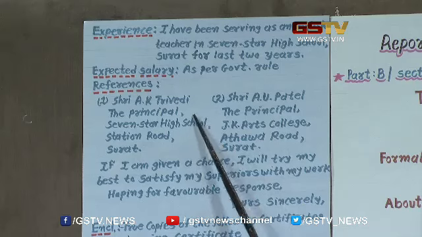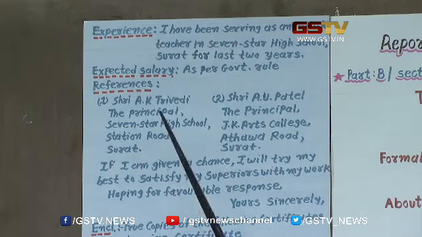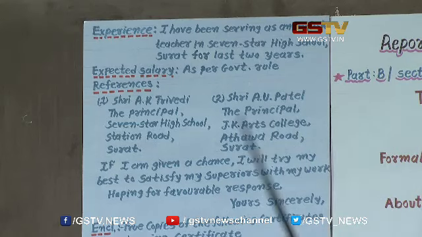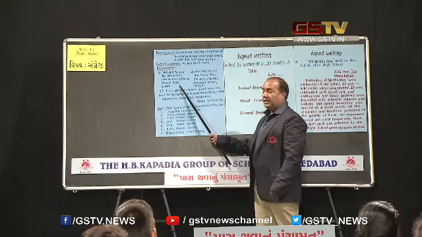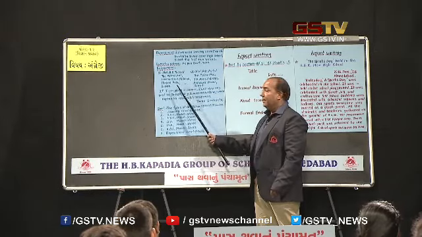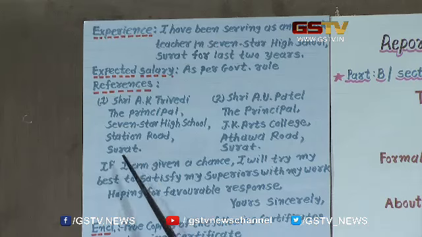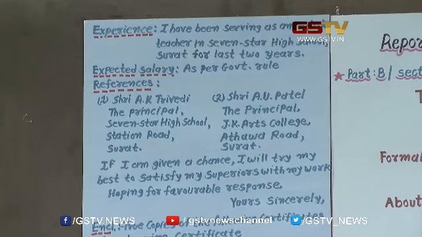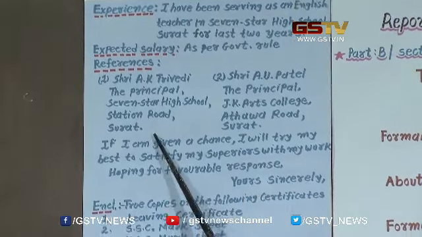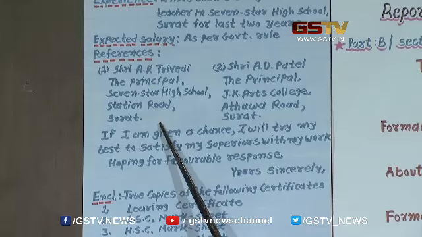After the position, again we should put a comma, and then we should write the name of the institute, the name of the school, the name of the company, the name of the firm, and after it the name of the area, here Station Road, and at last the name of the city or town, and then we put a full stop after the name of the city.